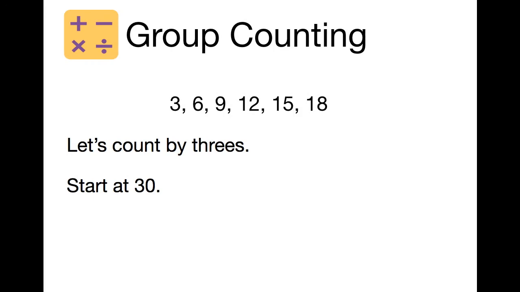All right, here we go. So let's count by threes. They're up on the screen for you. It gets us a good start. So we're going to count by threes. 3, 6, 9, 12, 15, 18, and we're going to keep going to 30. 21, 24, 27, 30.